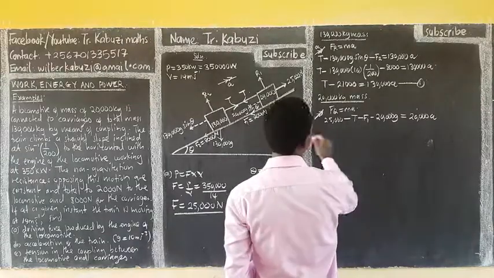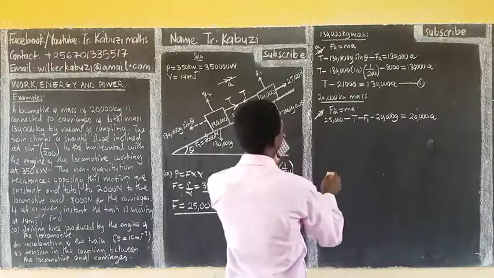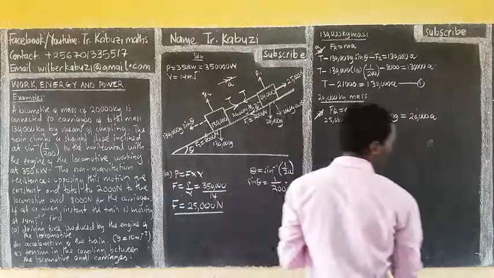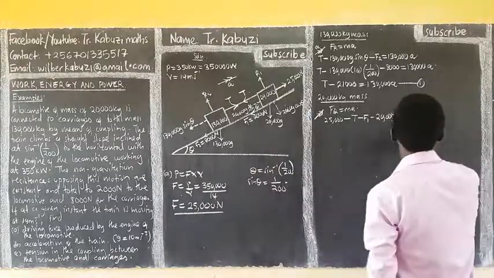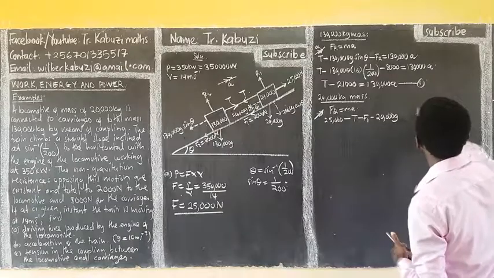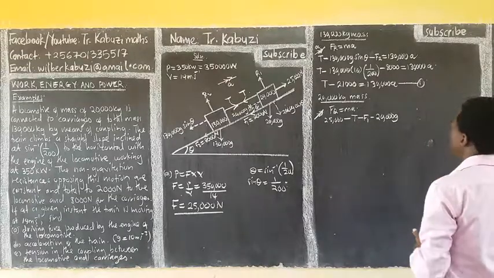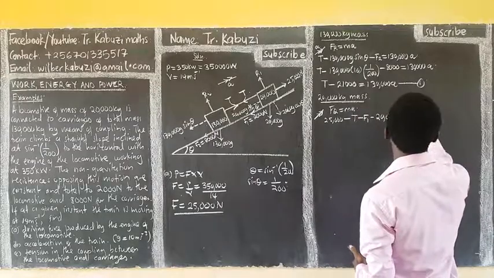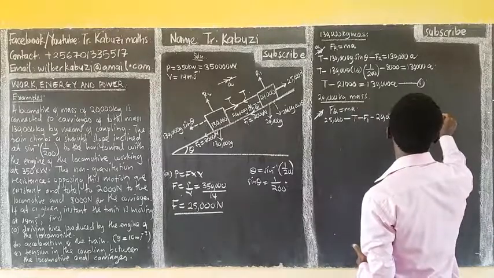If we simplify this, I'm missing sine theta here. Sine theta disappeared and I dropped it: 20,000 sine theta equals 20,000 a.